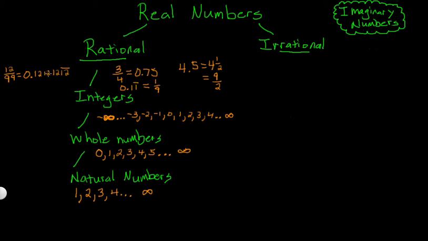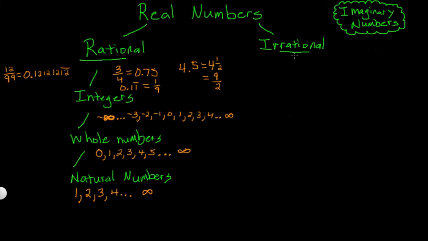Generally speaking, all of our terminating decimals, like 0.75, which means it stops, the decimal ends, are rational numbers. Our repeating decimals are also rational numbers. So all of these are the types of rational numbers that we have.